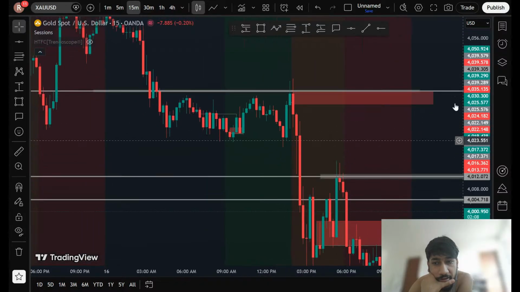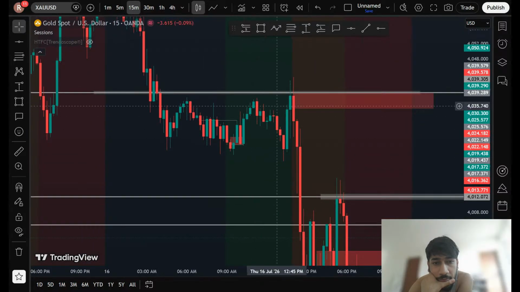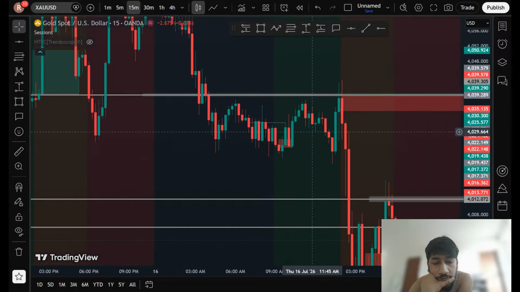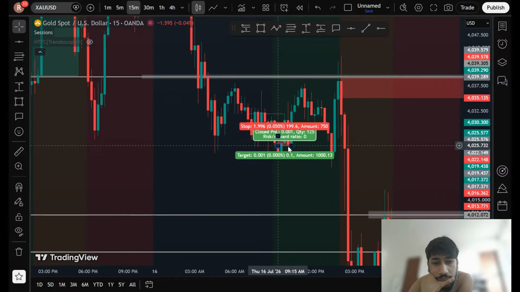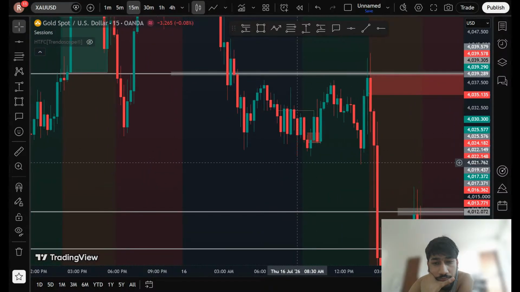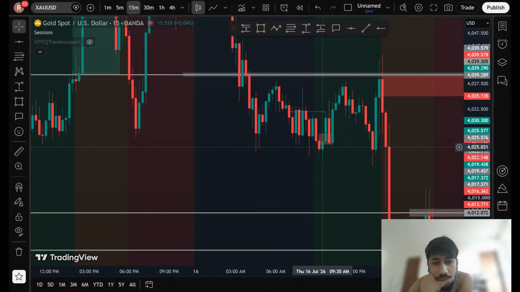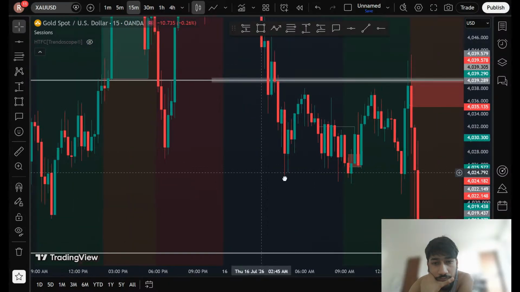This was a bad trade because the 30 minute was closing below and we had rejection. I didn't manage risk.